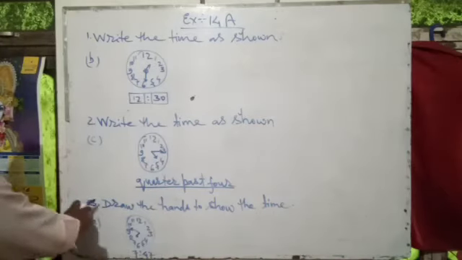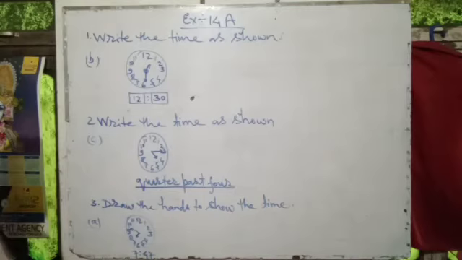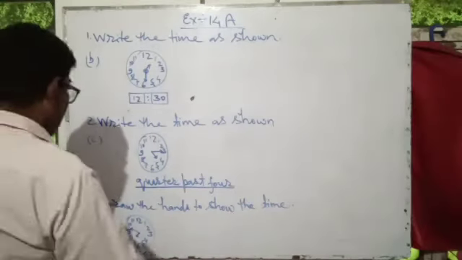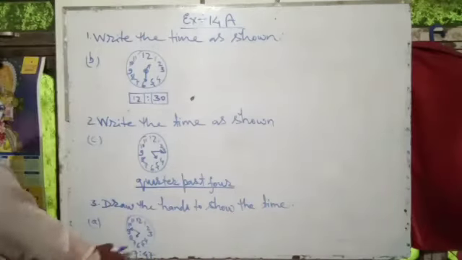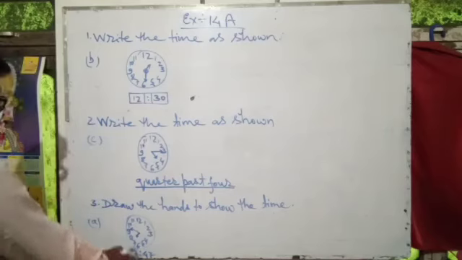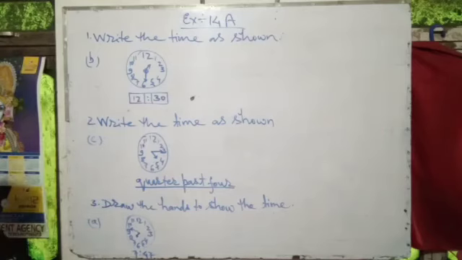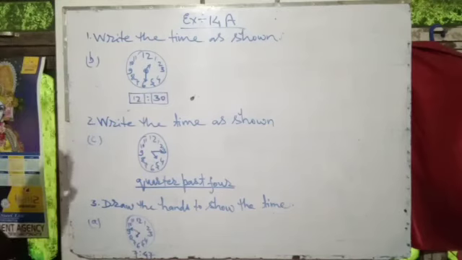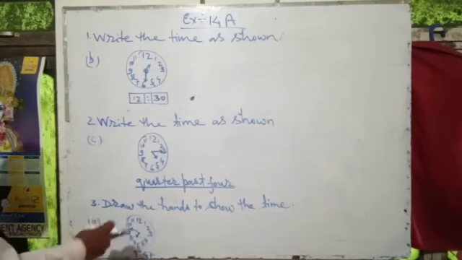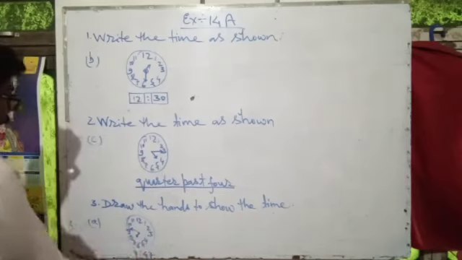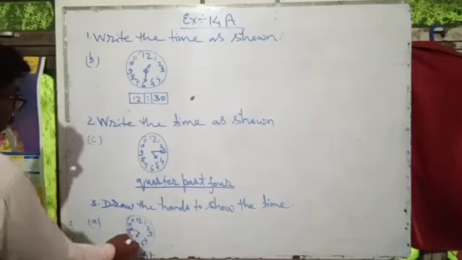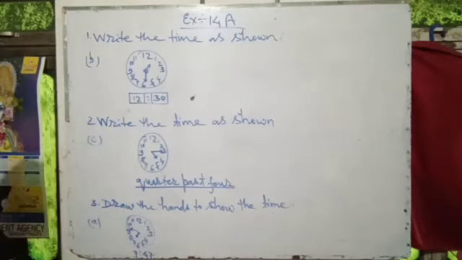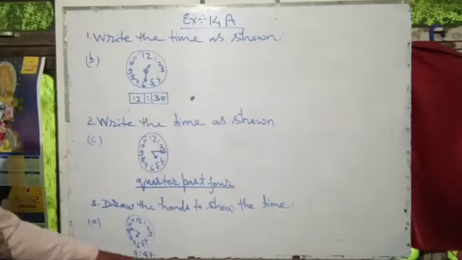As well as question 3. Draw the hands to show the time. Children, here is already written 7:47. That means 7 hours 47 minutes. 7 hours means 7 has been passed. So the short hand is just after 7 and the long hand is at 47.